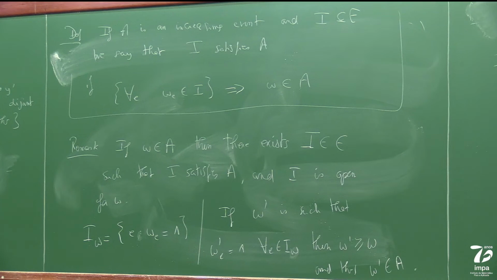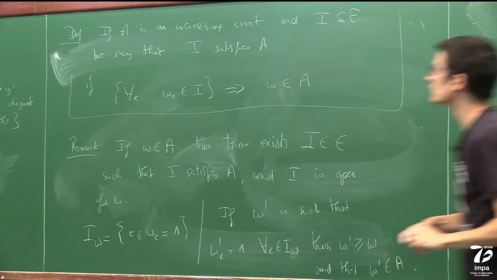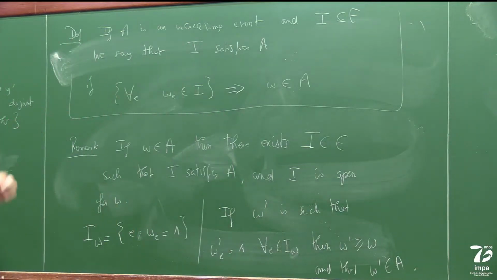we say that A and B are disjointly satisfied if we can find two disjoint set of edges, one that satisfies A, the other that satisfies B, and both set of edges are open.